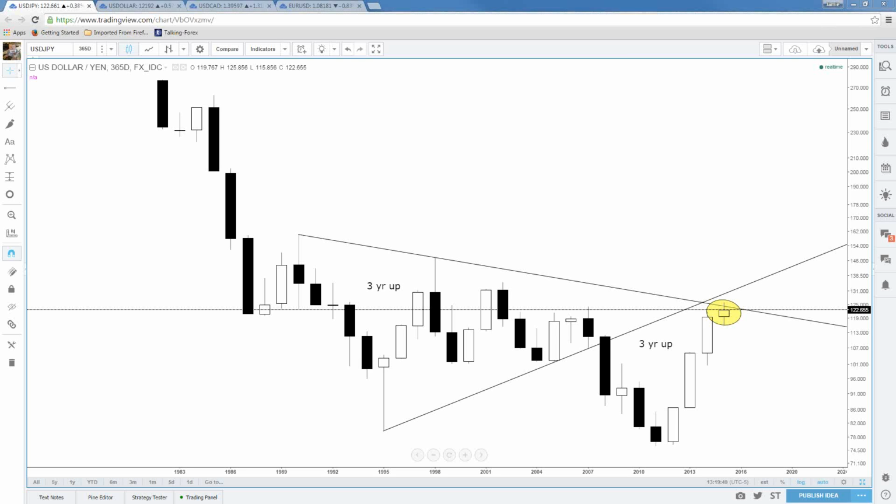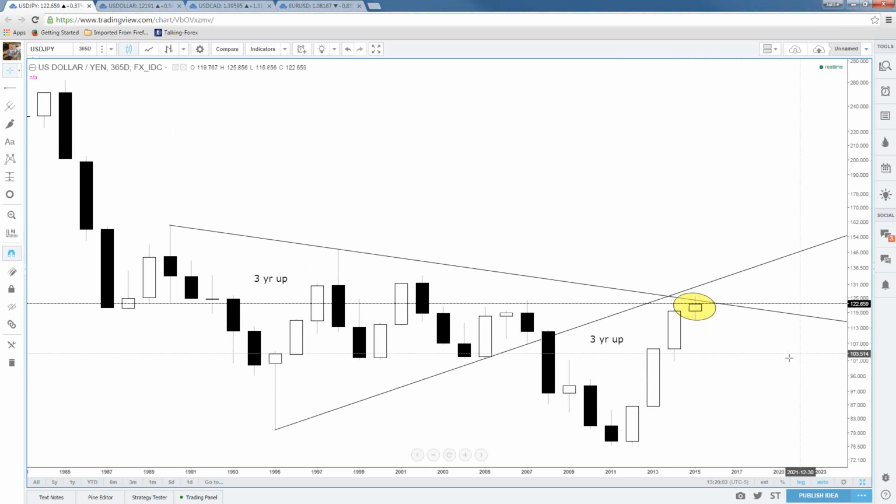Monday, we hit the year open. The year open was 120.39 and our low was 120.33. And here we are, back at 122.65. So we're basically trading to the tick at the highs in 2007, pretty close to it at least.